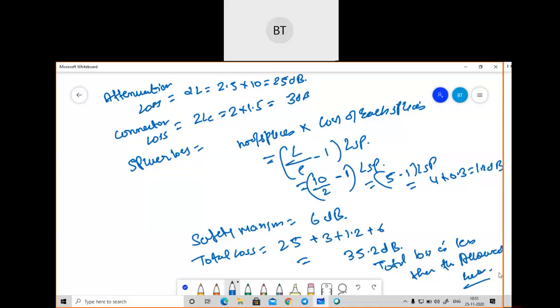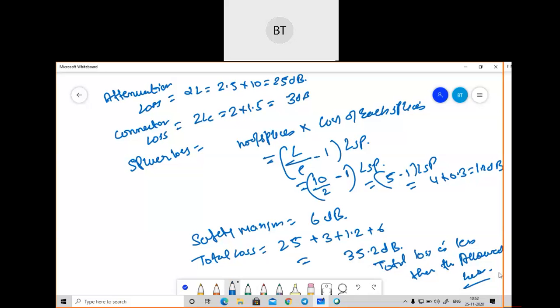Now moving on, how to calculate the splicer loss. How many splices are there and what is the loss for each splice which we are experiencing. First of all, we have to calculate how many splices are there. For calculation of number of splices, we can apply the formula L by small l minus 1. That is the length upon how many connector loss 2.